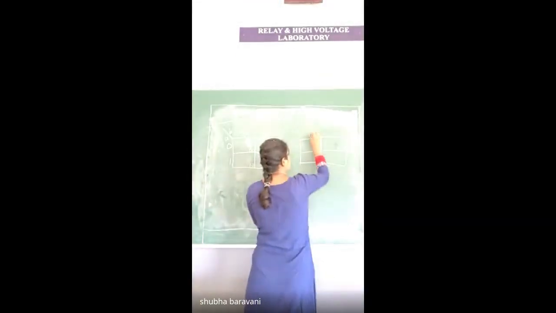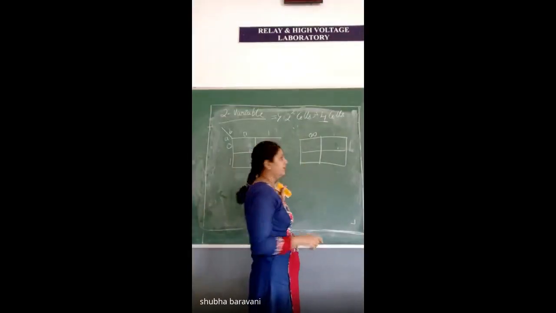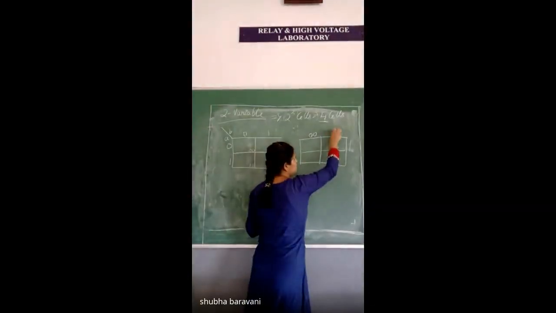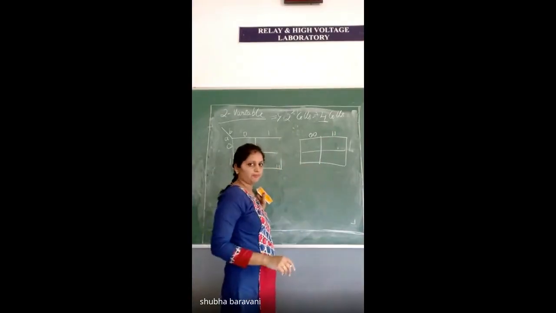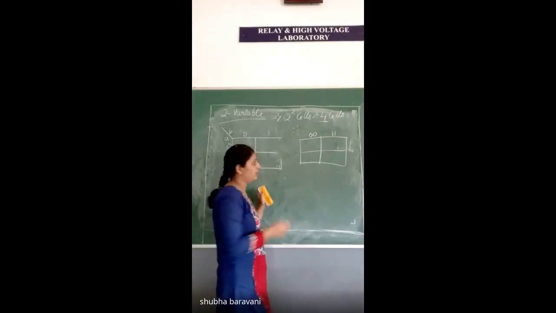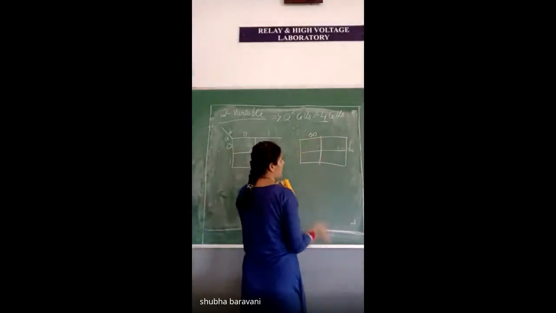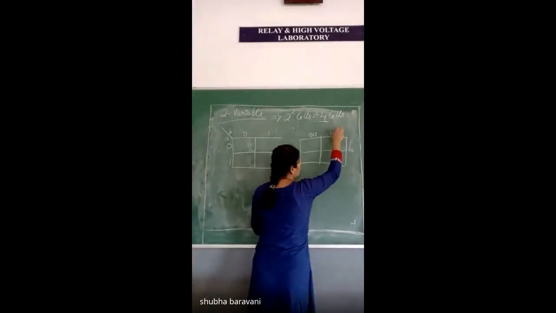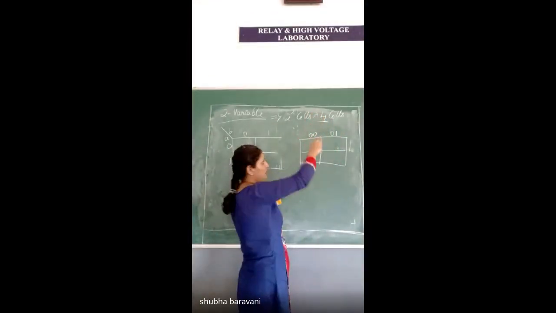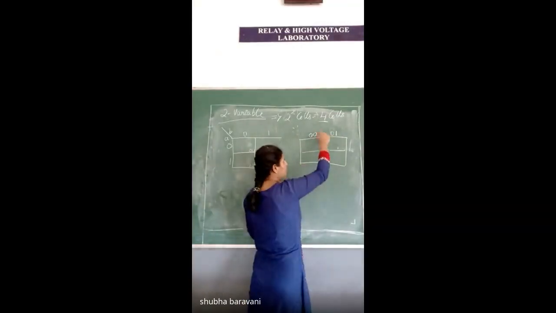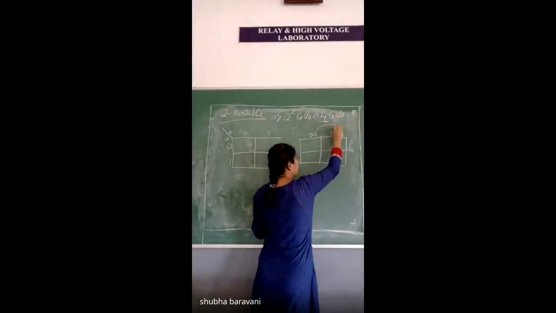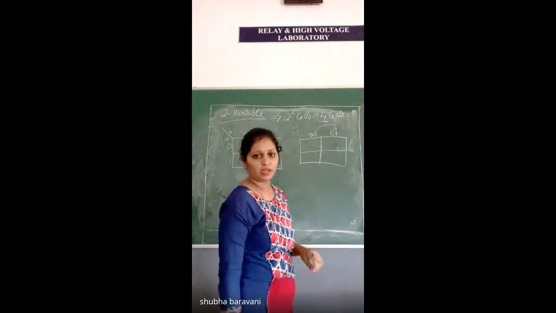If it is 0 0, I cannot take the next cell as 1 1. The next cell has to be 0 1 only. I have kept the first 0 and changed the second 0 to 1. Understood?